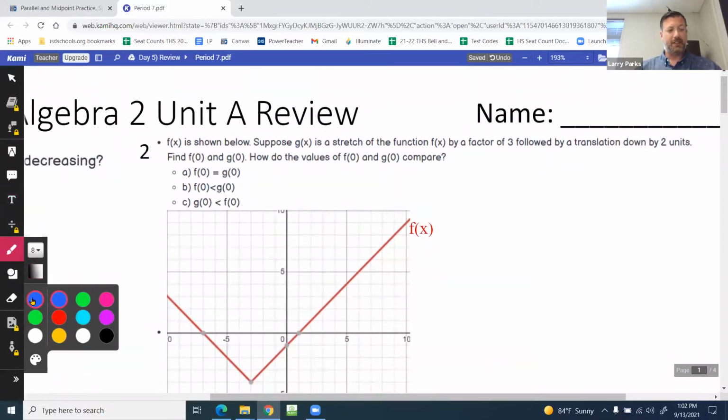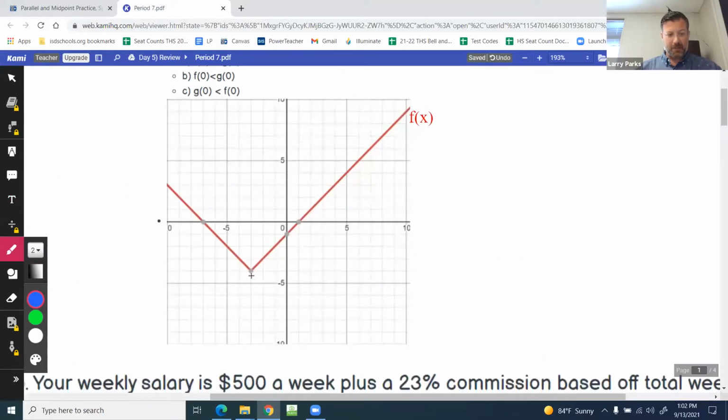Let's see. So I'm going to move it down. I'm going to take this graph and move it down. And usually the vertex is enough. So I'm going to put that down there.